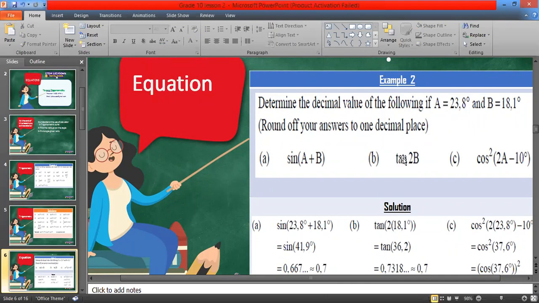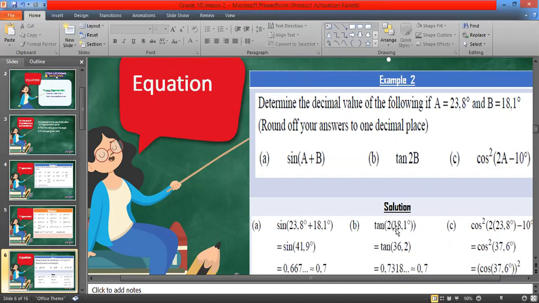And then the B now. B says we must find the value of tan 2B. Calculate the value of tan 2B and round off your answer to one decimal place. What does this mean, tan 2B? So tan, and given that B is 18,1, basically we are going to say tan of 2 times 18,1. All right, you just substitute your value of B in.